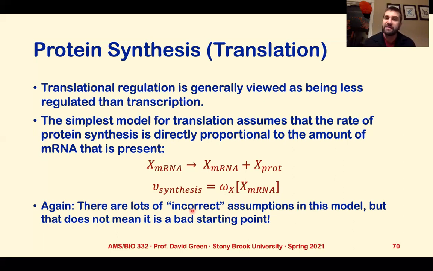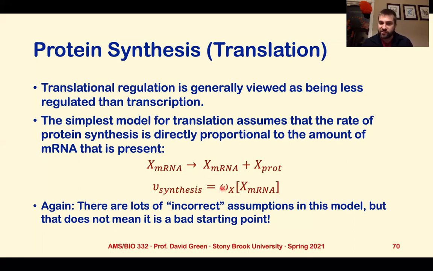But once again, that does not mean that this is a bad starting point. We can see how far we can get, what we can learn with this simplest possible model of translation. And because we know some of the incorrect assumptions that underlie this, we have ways that we can adjust this if we wanted to.